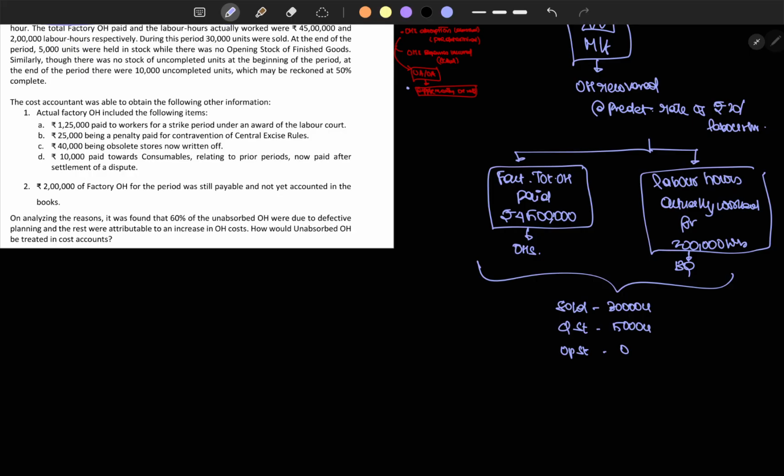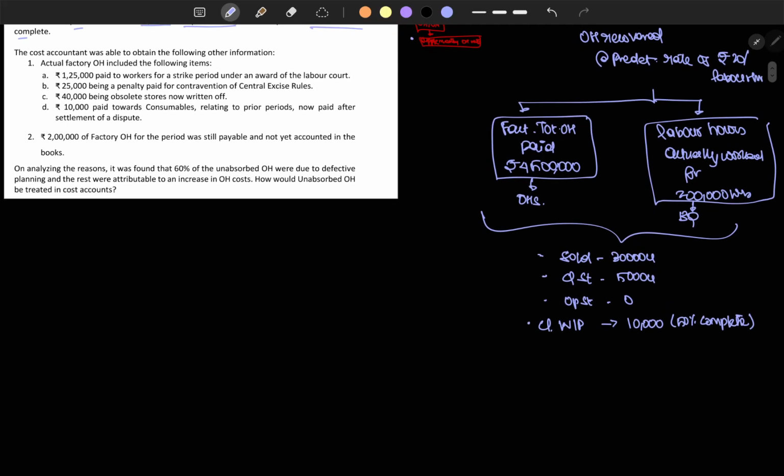Similarly, there was no stock of uncompleted units at the beginning of the period, and at the end of the period there were 10,000 uncompleted units which may be reckoned at 50%. What they are saying is WIP for the period is closing WIP. Opening WIP is nil, and closing WIP is 10,000 uncompleted units which may be reckoned as 50% complete. Reckon means considered. So we have got the four details.